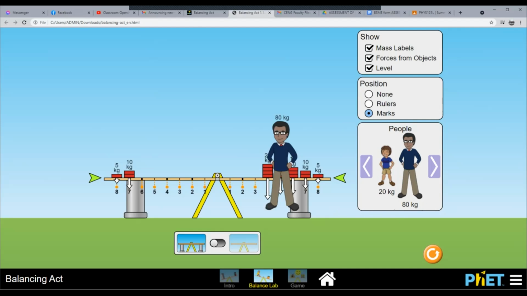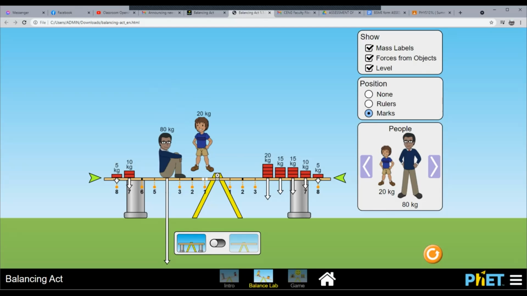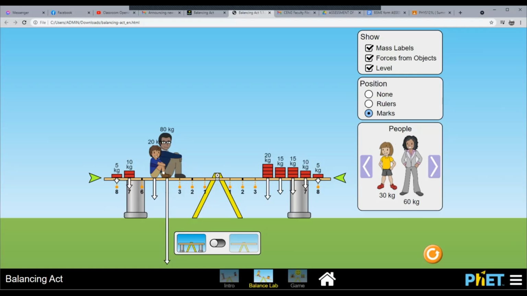Let's say we add up 80 kilogram people here. This one is another 20 kilogram. So you would notice it will have no effect on the balance condition because of the presence of the support.